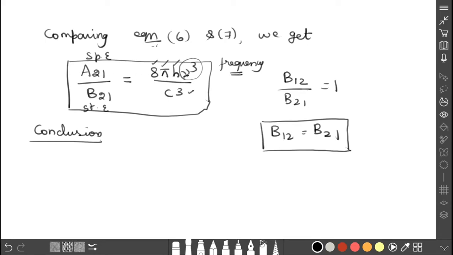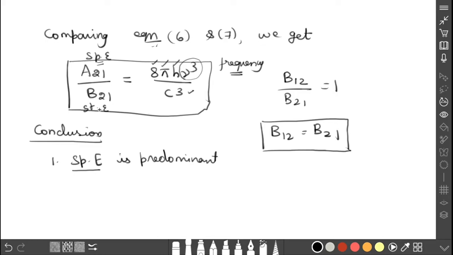What is A21? Spontaneous emission. So what he is trying to say is that spontaneous emission is predominant when light is falling on matter. It is directly proportional to the frequency. So rather than stimulated emission, spontaneous emission is predominant. But for laser production, stimulated emission is required. So how can we make the stimulated emission predominant?